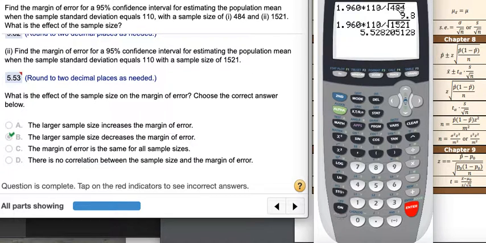Our sample size increased, and we see that the margin of error decreased. So the larger the sample size, the smaller our margin of error, and that's because the sample size is in the denominator. It's square rooted, but even the square root of a larger number is still a larger number.